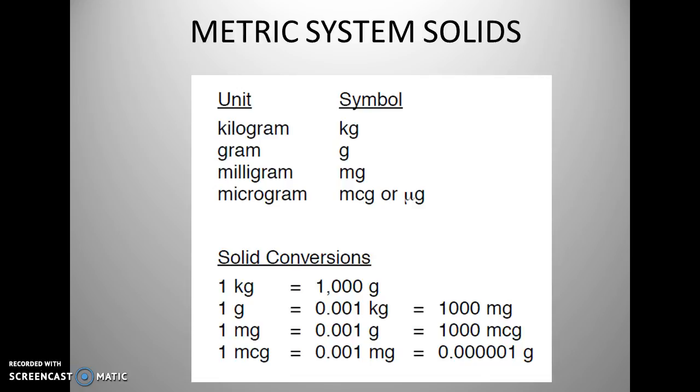Solid conversions: 1 kilogram is equal to 1,000 grams. 1 gram is 0.001 kilograms, or 1,000 milligrams. 1 milligram is 0.001 gram, or 1,000 micrograms. 1 microgram is equal to 0.001 milligrams, which is equal to 0.000001 grams. Okay.